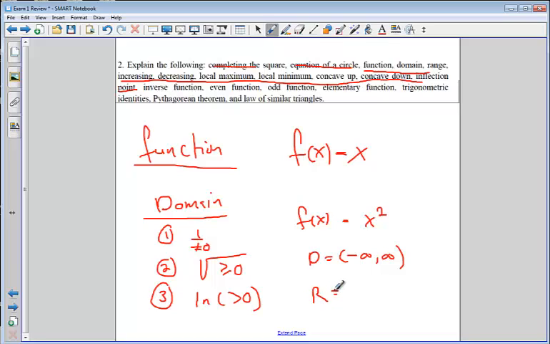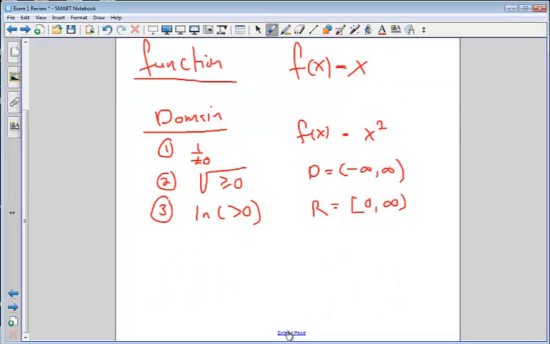And if I'm squaring things, it's always going to be 0 or positive. So my range is actually going to go from 0 to infinity. And I can't have any negative numbers because you can't square a real number and get a negative. If you square a real number, it's always a 0 or positive. There are several other examples you can come up with formulas. Just remember domain, all possible inputs, range, all possible outputs.